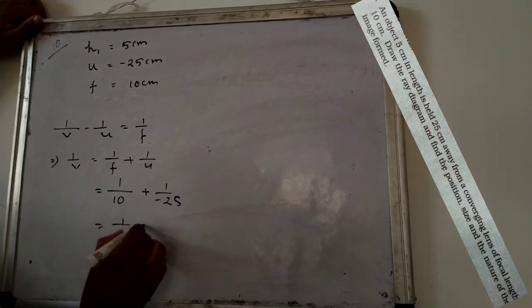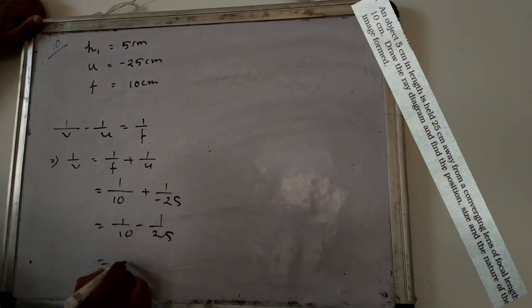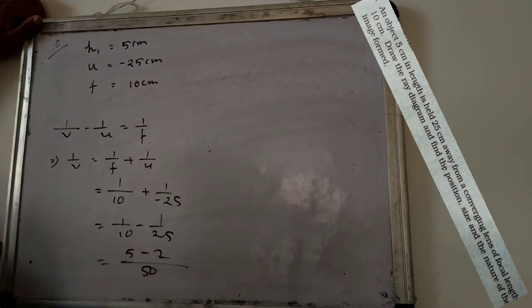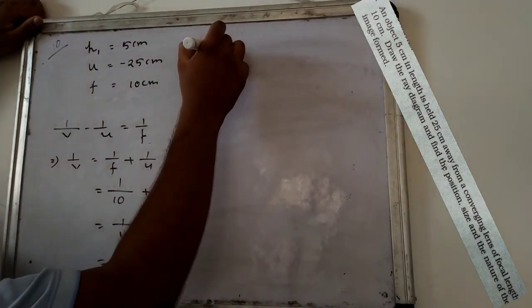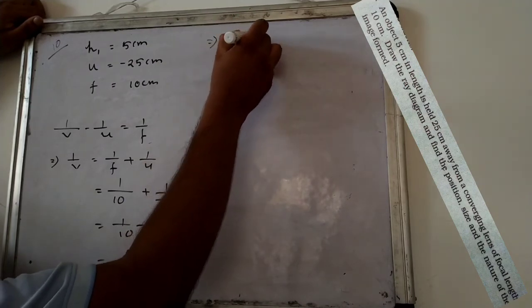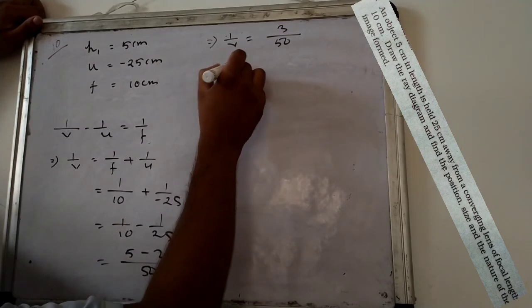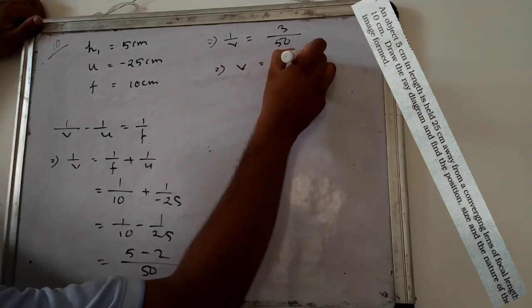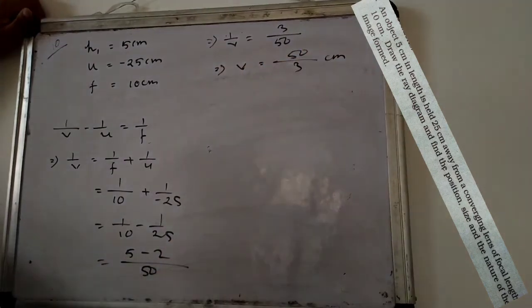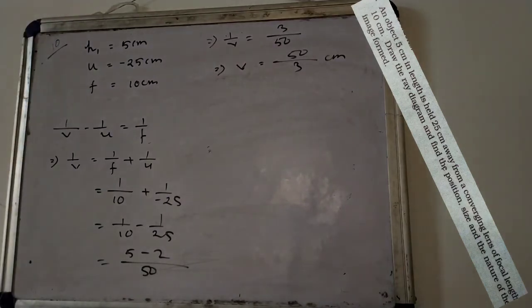So 1/10 minus 1/25. The LCM will be 50. So 5 minus 2, then 1/v equals 3/50. That means v equals 50/3 centimeter. So this will be our image distance.